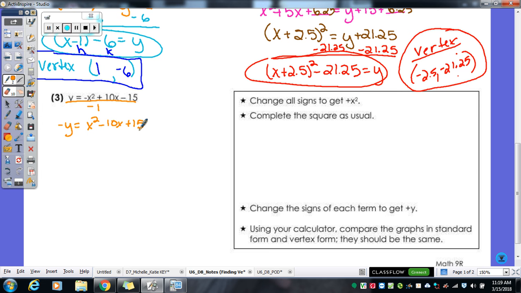So now we're going to follow the same other steps we've done before. So we would subtract our 15 over to here. We have negative y minus 15 plus a space equals x squared minus 10x plus your space.